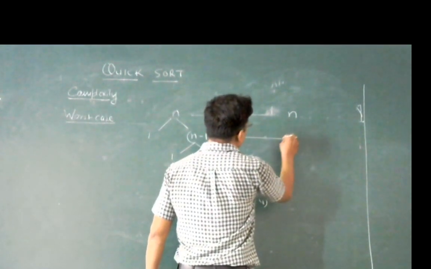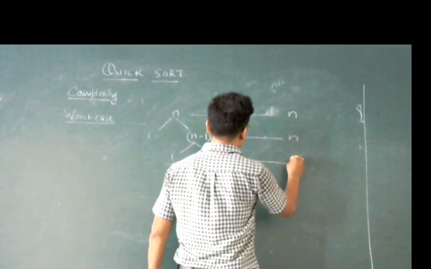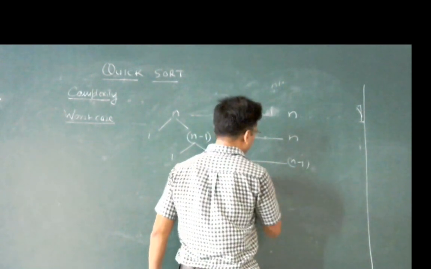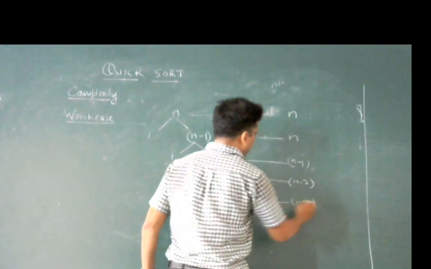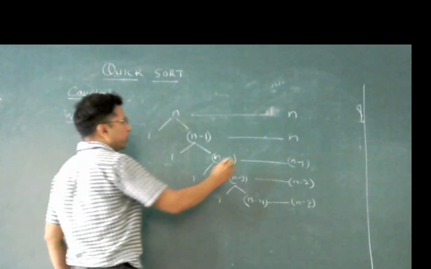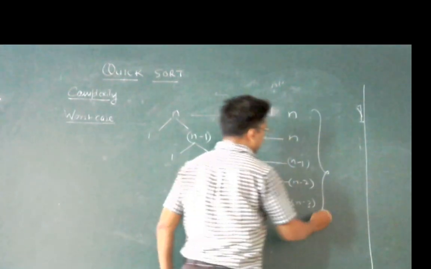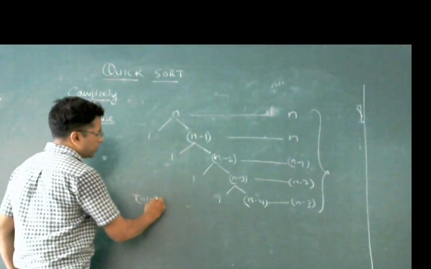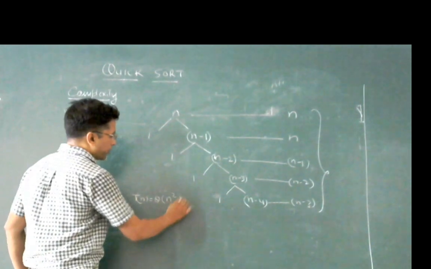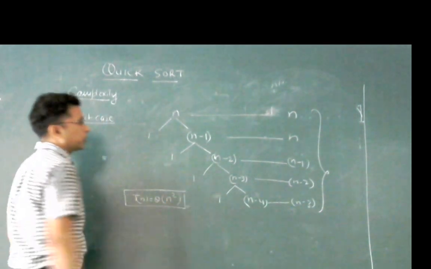In this way, the cost of partitioning will be n minus 1, n minus 2, n minus 3, and so on. Adding all these terms, Tn is equal to theta n square in the worst case.